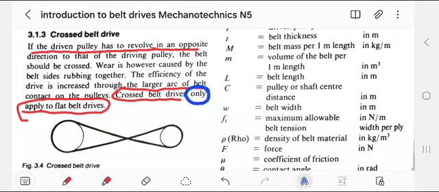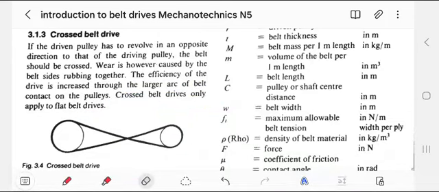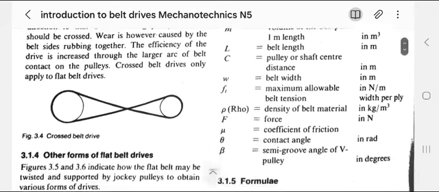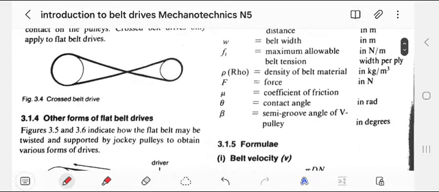You understand that? That means if they state this is a cross belt, you must know we're dealing with what? With a flat belt. It must be a flat belt, because they've said cross belt drives only apply to flat belts. When we're dealing with flat belts, that is where we'll have cross belts. Here we don't have V belts for cross.